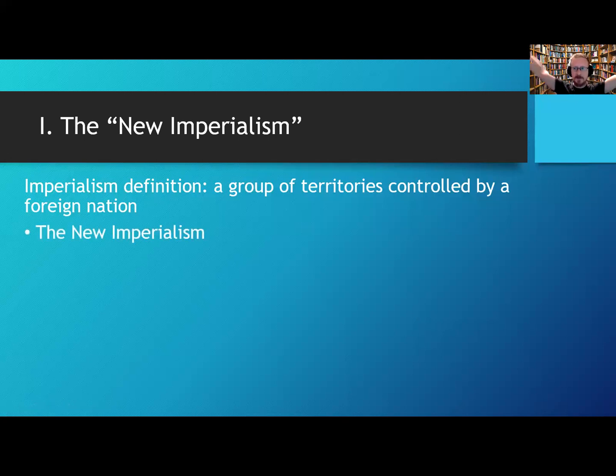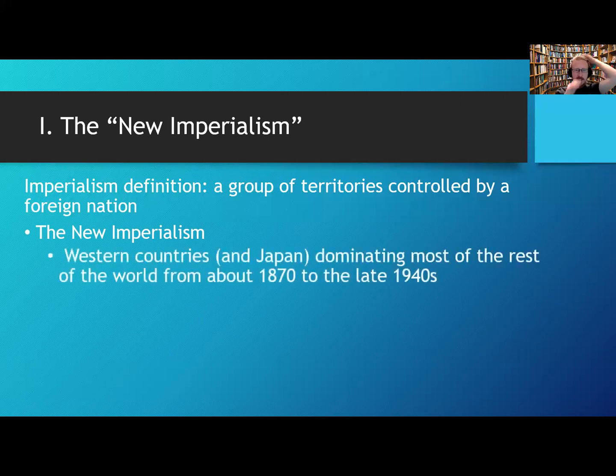But what happens in the 19th century, the mid-1800s onward, basically, is what's called the new imperialism. This is when we have basically 6 or 7 countries, all of them Western countries, and Japan. Japan gets thrown in there as well.